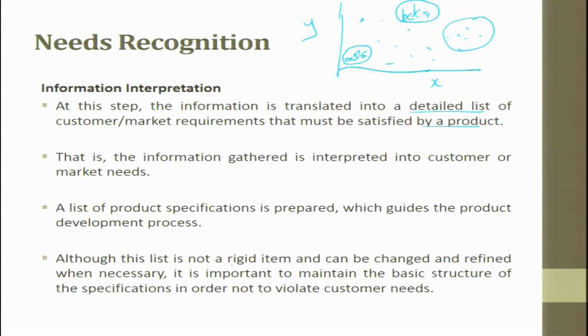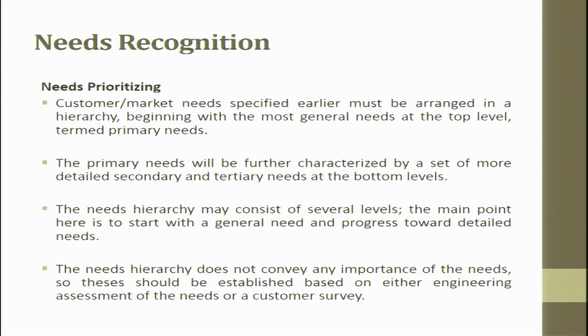Although this list is not a rigid item and can be changed and refined as and when it is necessary, it is important to maintain the basic structure of the specification in order not to violate the customer need. So, then we do need prioritization.